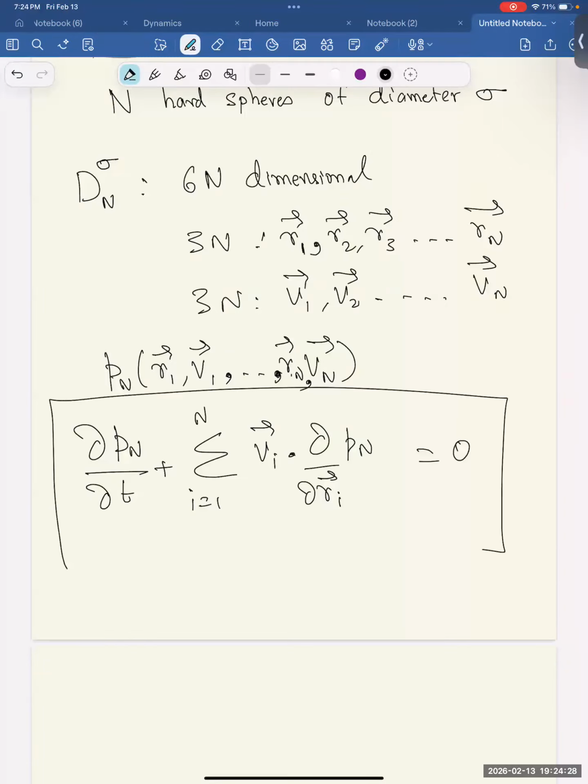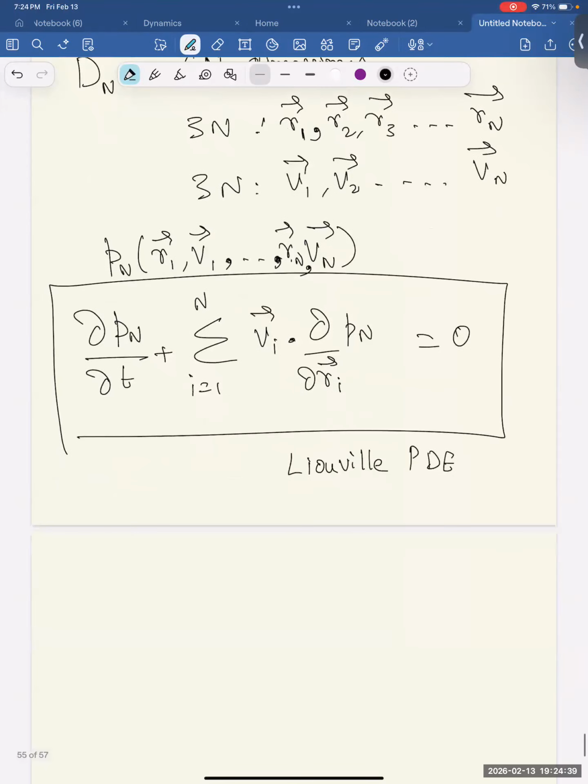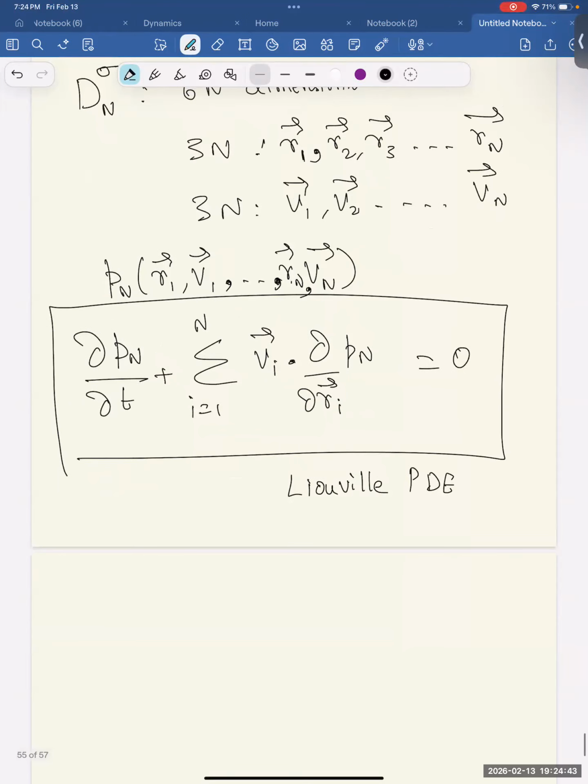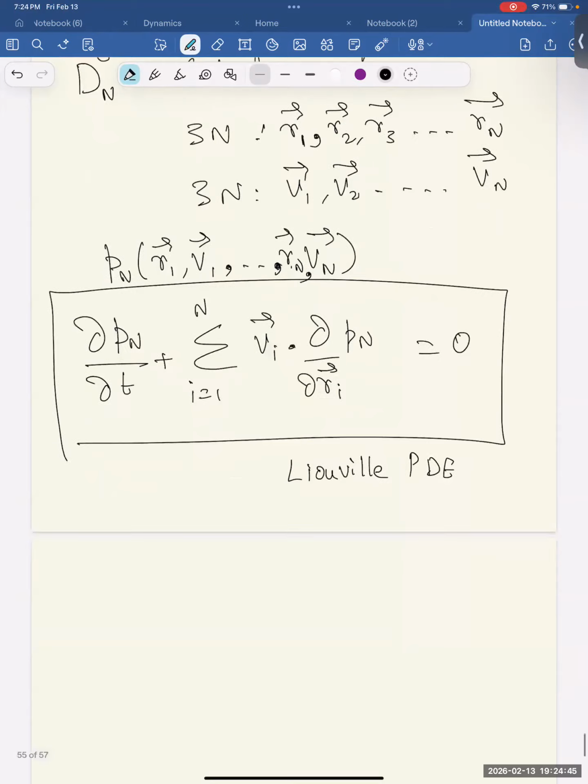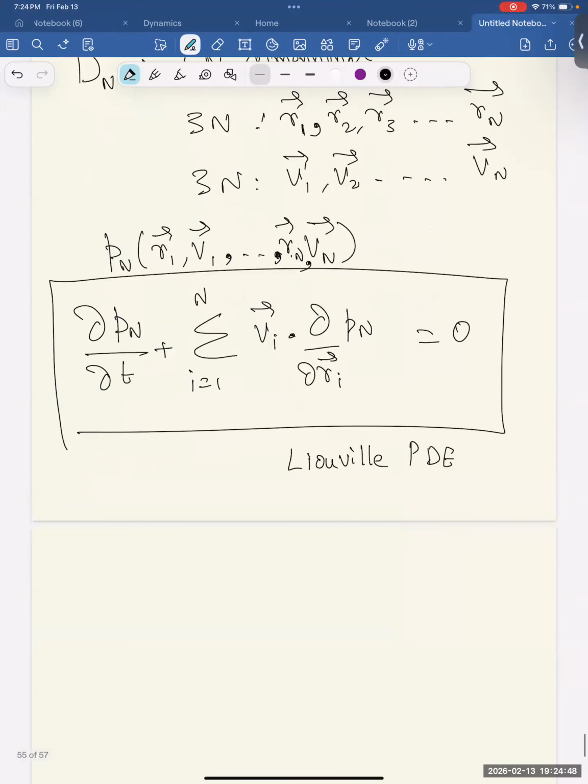Okay, so this is the Liouville PDE, not to be confused with the Liouville PDE in our operator setting, although there is certainly some level of connection. But this is the Liouville PDE, and this is supplemented by some initial conditions for Pn and boundary conditions. Those boundary conditions live at the boundaries of the so-called holes.